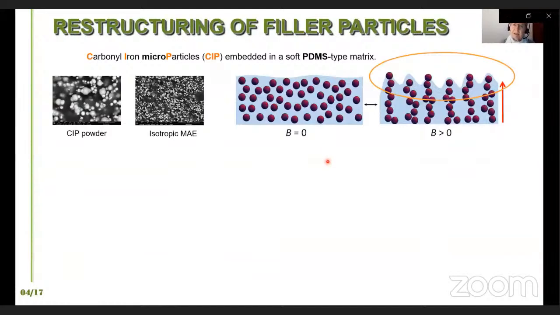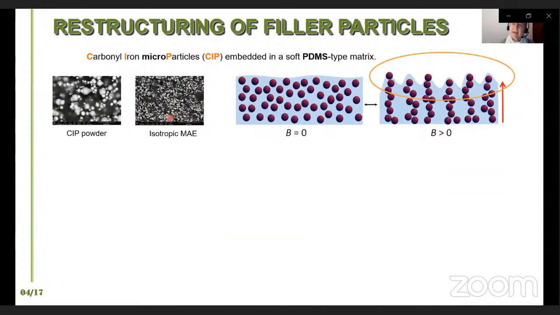What is the reason for such giant changes induced by the magnetic field? The main reason is restructuring of the magnetic filler particles. The filler particles are typically soft iron, like carbonyl iron microparticles embedded in a PDMS matrix. And these particles are spherical of different sizes.